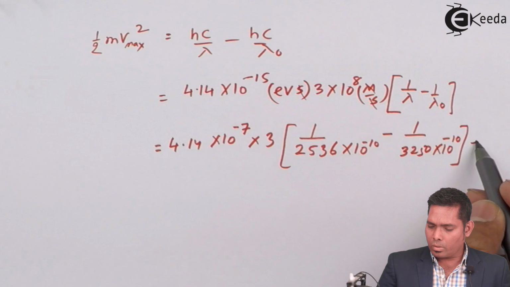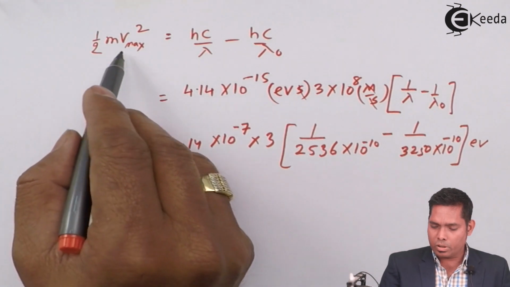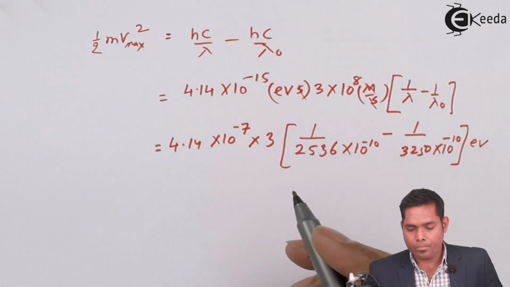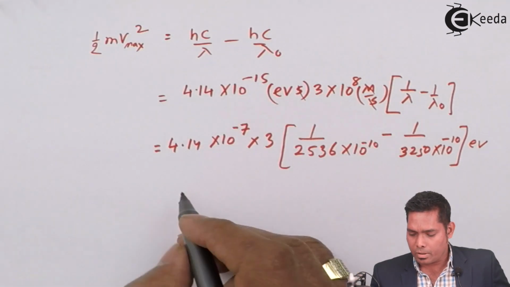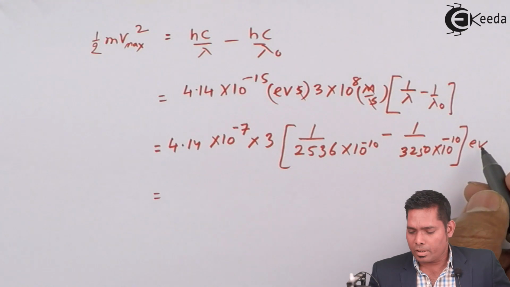This is in electron volt, but it has to be in joule, so I have to multiply by 1.6 into 10 raised to minus 19.